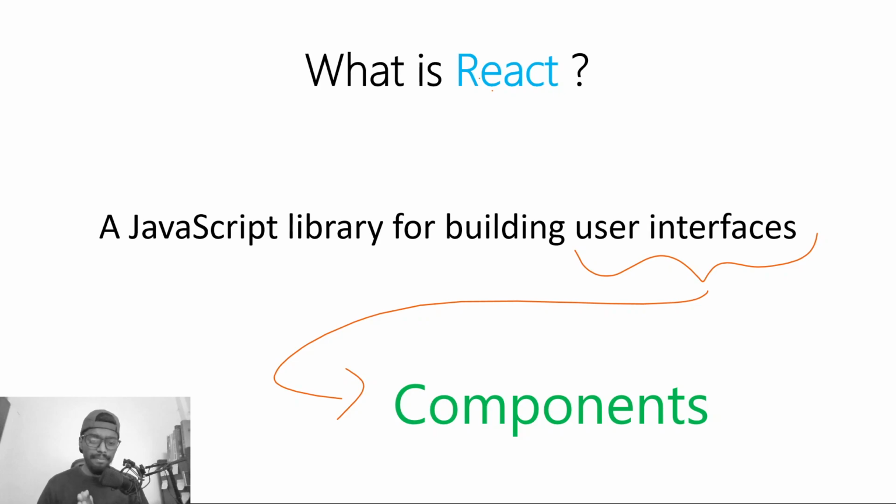So how did React come into the picture? It came with a simple concept. Facebook is the creator of React. Yeah, Facebook, the social networking site, is the creator of React. They have open sourced it and everybody can use it. They built their web application Facebook using React.